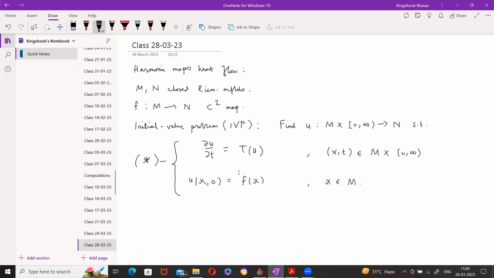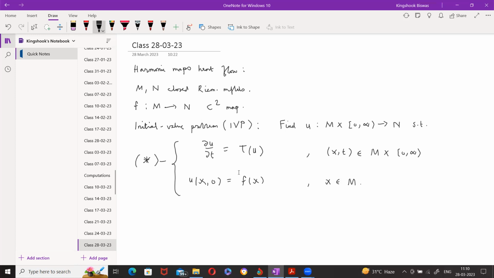So it's like the initial value problem for the heat equation, except instead of the Laplacian, which is a linear operator acting on functions, here we have this nonlinear operator, the tension field, acting on maps. Is this clear? Yes, sir. It's like a nonlinear heat equation.